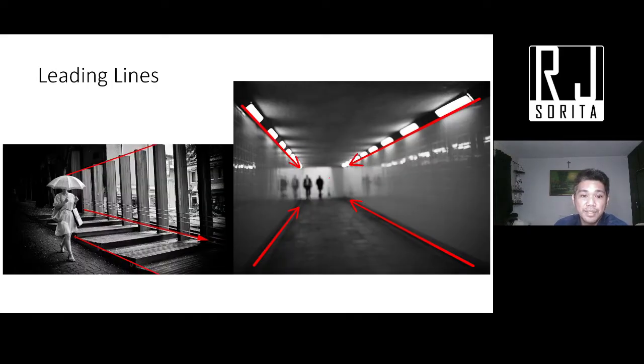Next, we have leading lines. Now, leading lines use lines which may appear to point at something, or it may produce something like a pattern. Look at the images. There are drawings of lines already for those leading lines, and this makes the picture look better. Look at this one.